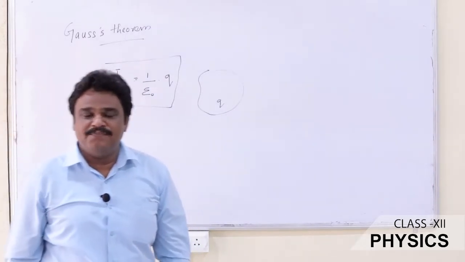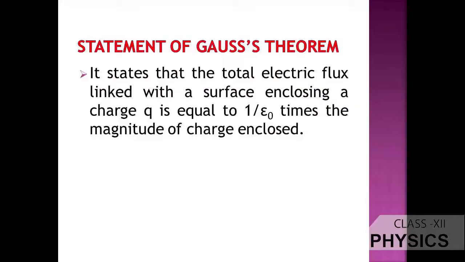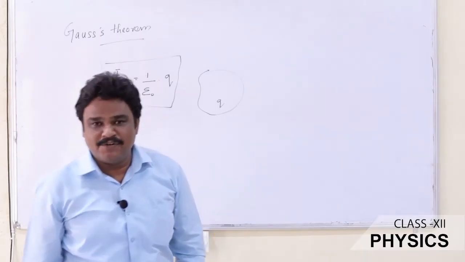This is the statement of Gauss theorem. Once again, Gauss theorem states that the total electric flux linked with a surface enclosing a charge Q is equal to 1 by epsilon naught times the magnitude of charge enclosed.